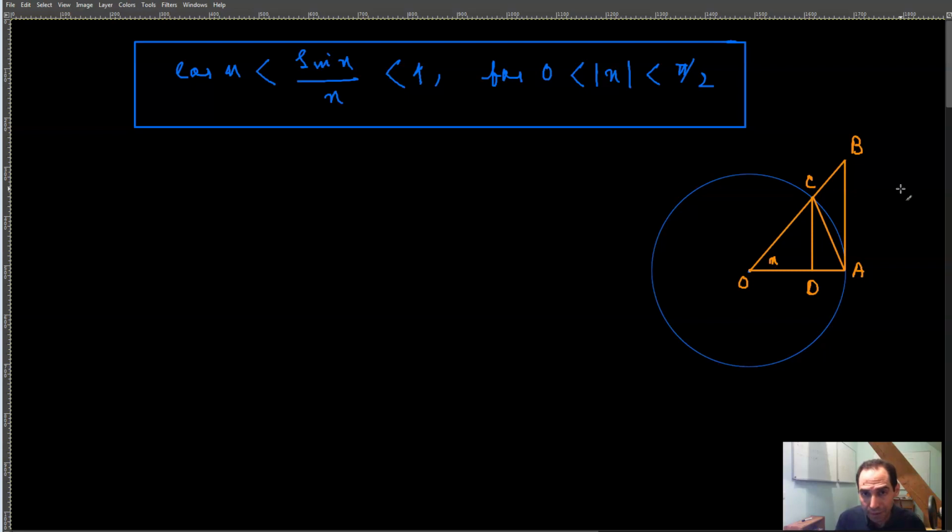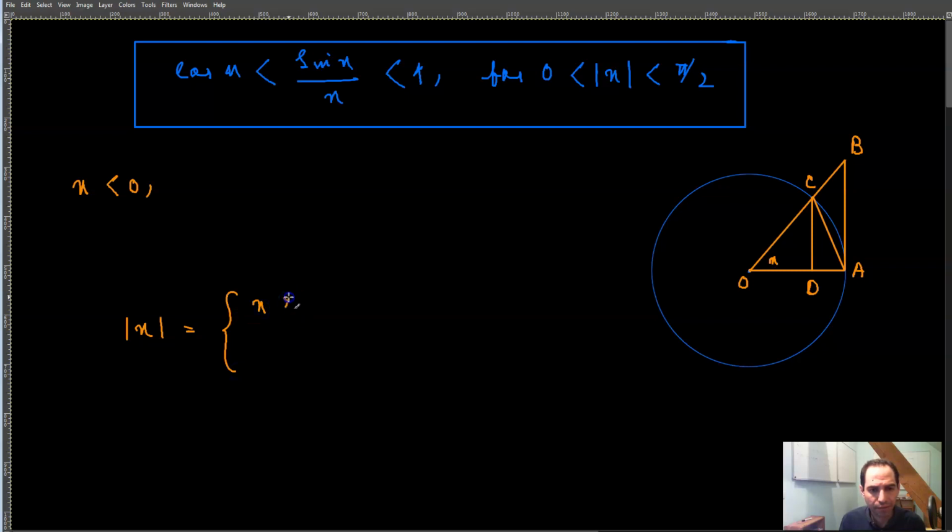Now, since this interval involves the absolute value of x, naturally you will have two cases here, meaning that either x is negative, meaning x is less than 0.